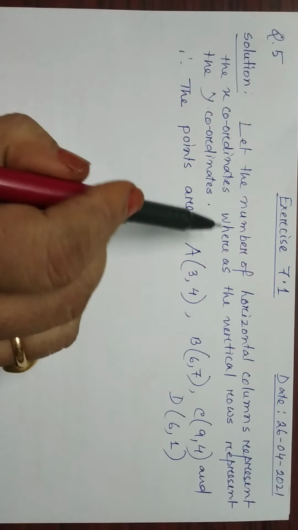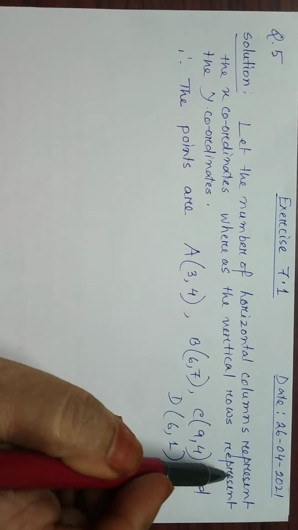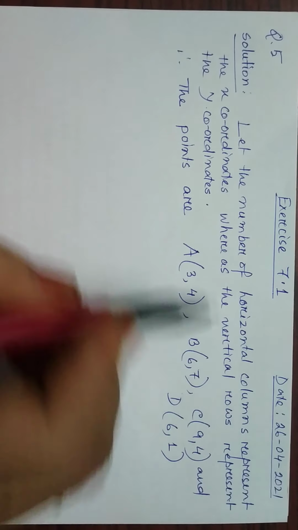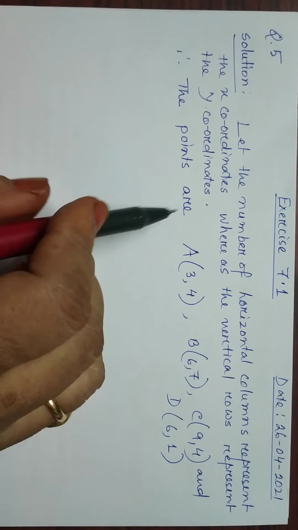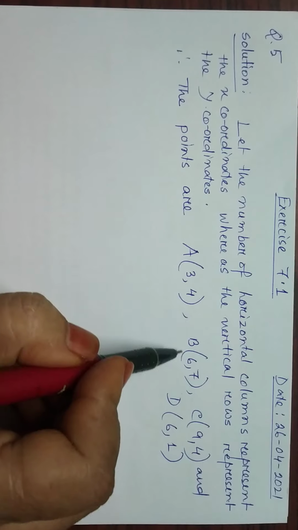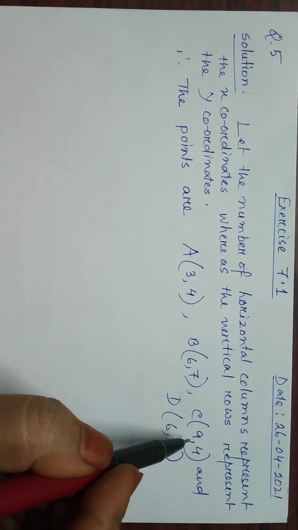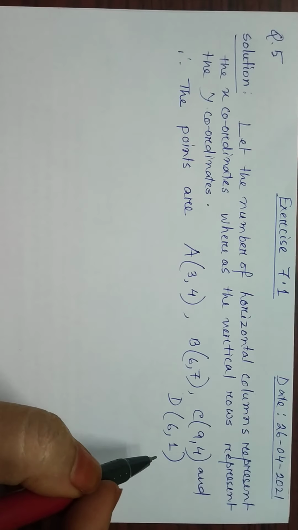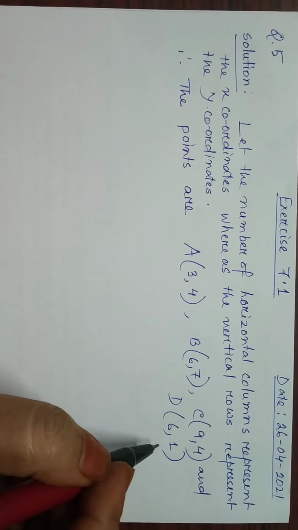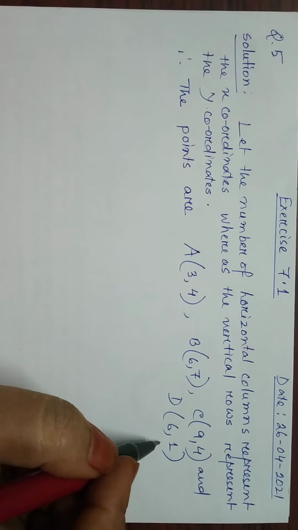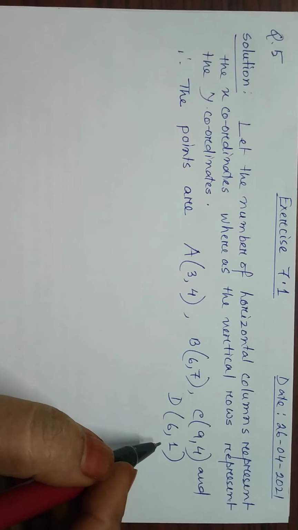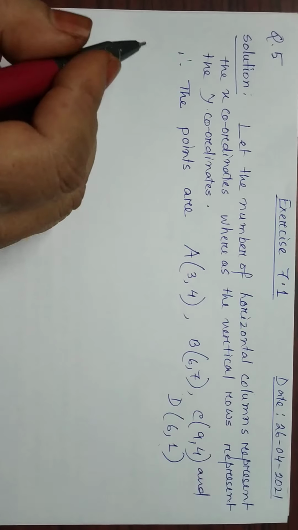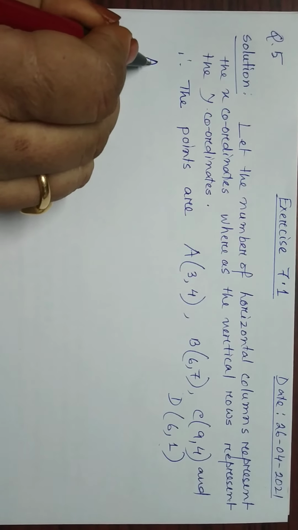Now we will solve this sum this way. Let the horizontal columns represent x coordinate, whereas the vertical rows represent y coordinate. Therefore, A is equal to 3 4, B is equal to 6 7, C is equal to 9 4, and D is equal to 6 1. Now we have to find the length of the sides of the quadrilateral. First we find AB.